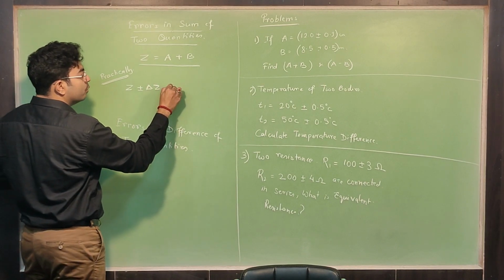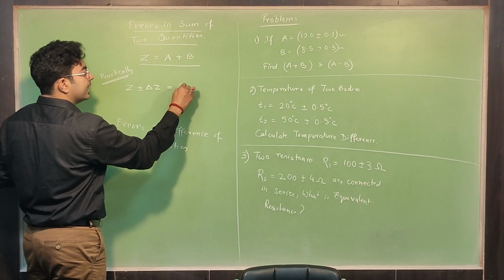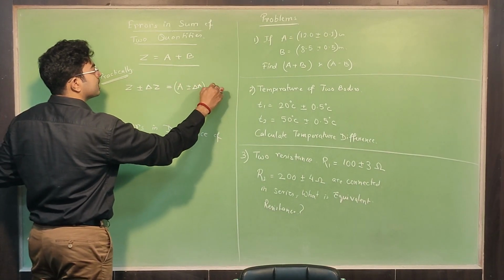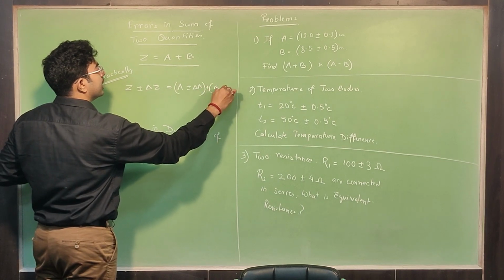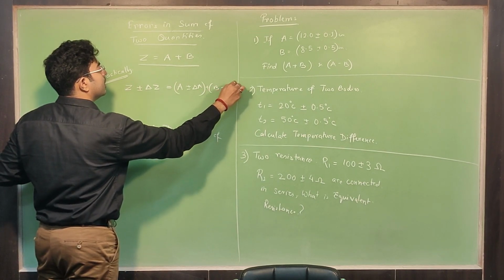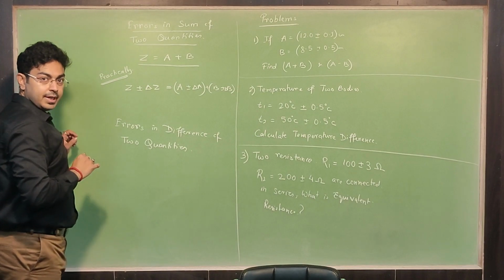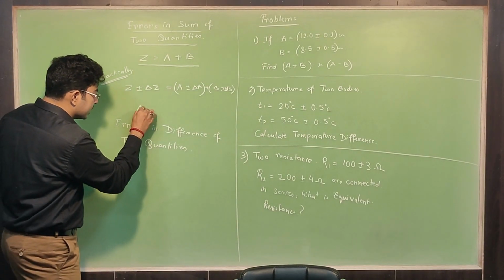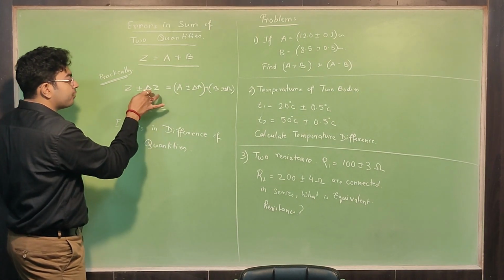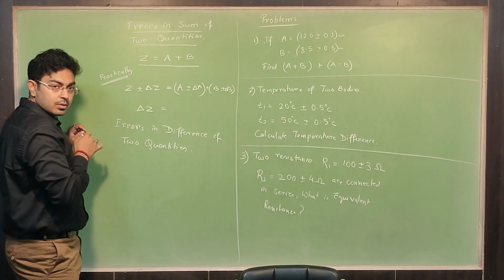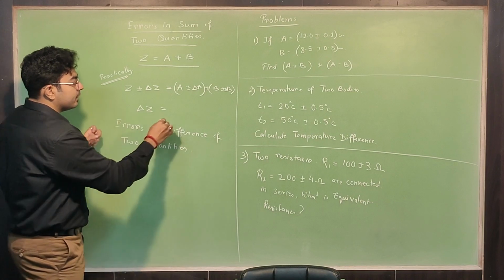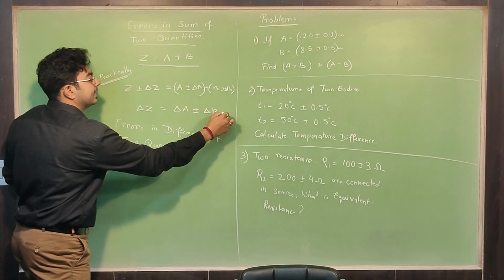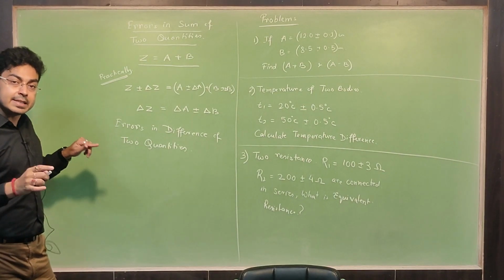That error will be due to the error in A as well as the error in B. So what is the error in your final measured quantity? Delta Z will be the sum of delta A plus delta B. That means it is very easy to understand.